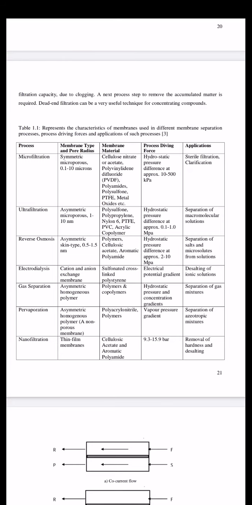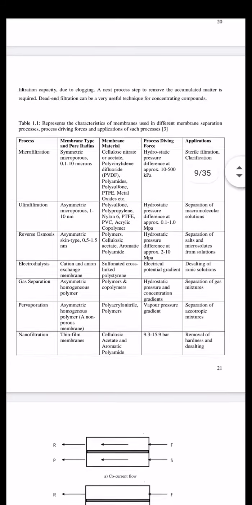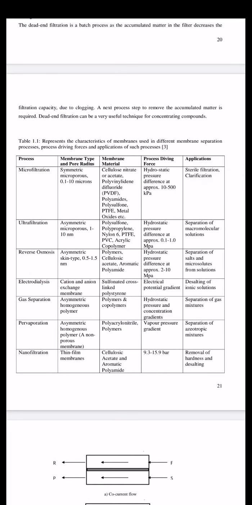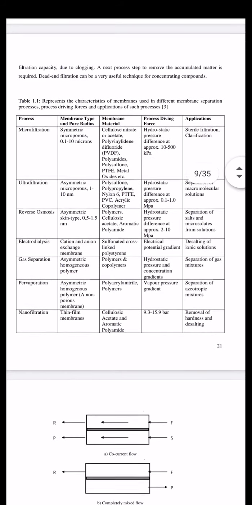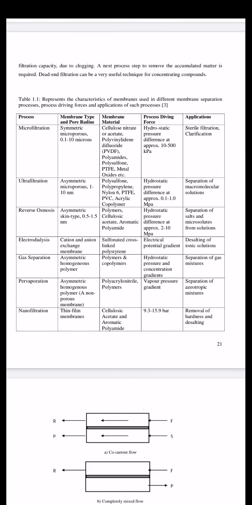Now we will move towards ultrafiltration, where we are using an asymmetric membrane type and the pore radius is 1 to 10 nanometer. See, whenever questions come up during your viva, then obviously you must know about the pore size or pore radius of the membrane. So for ultrafiltration, the type of membrane is asymmetrical, microporous, and the pore radius will be 1 to 10 nanometer.